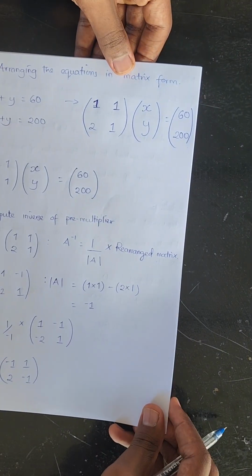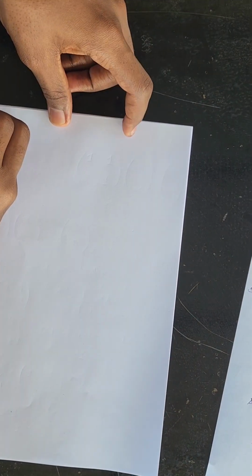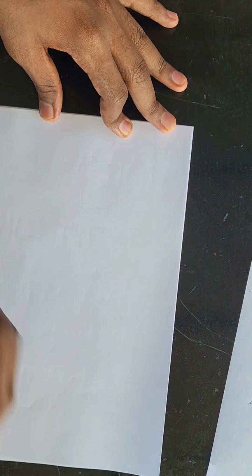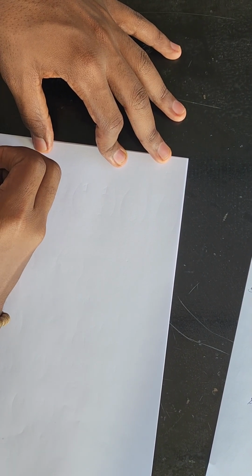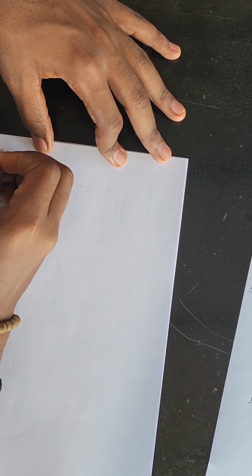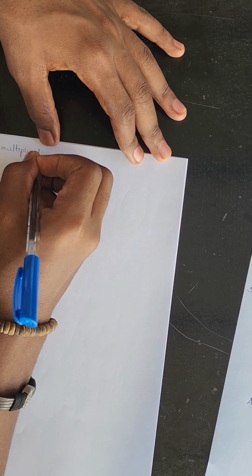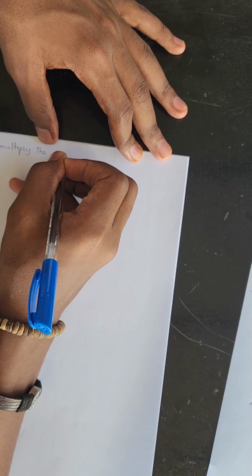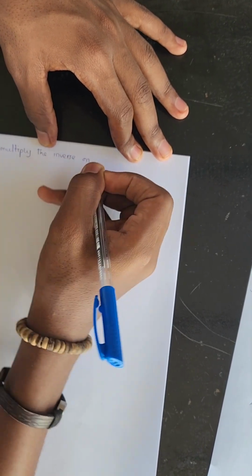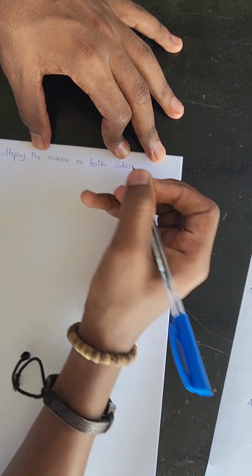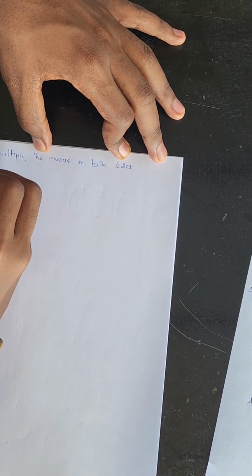Moving on to step number 4. Step 4. What follows is now we pre-multiply the inverse on both sides. Okay, so we have our inverse.